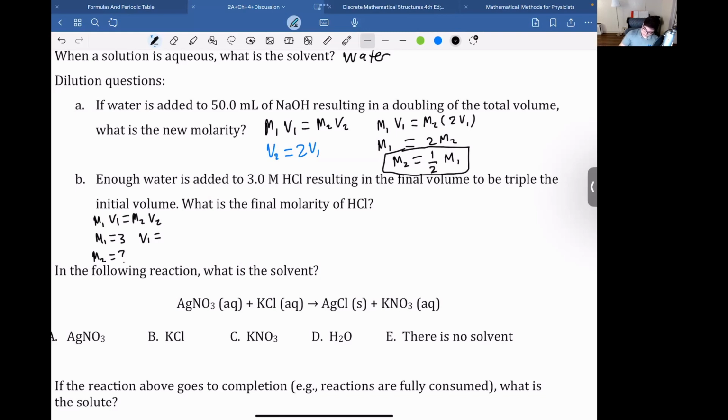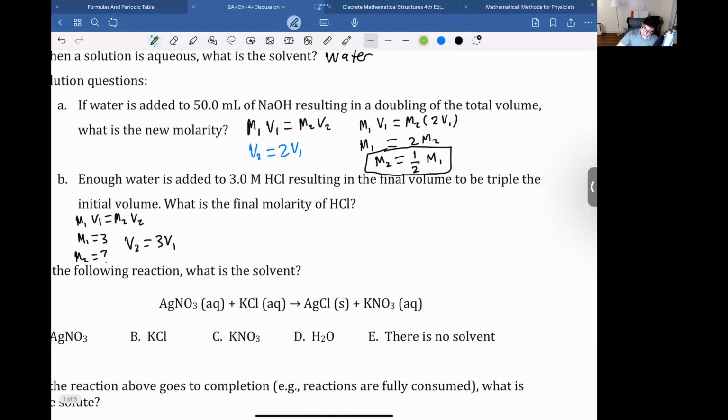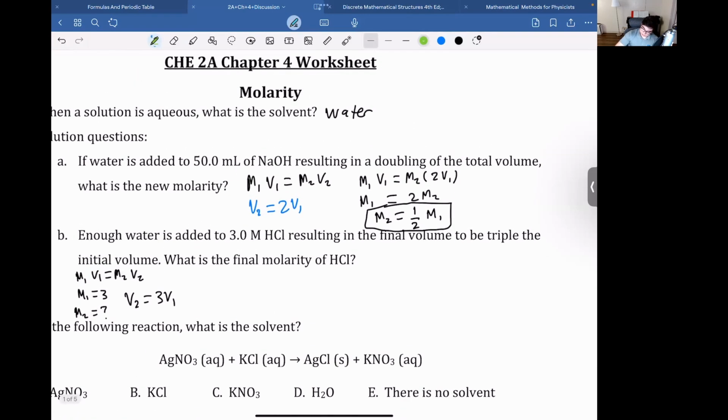However, I do know that the final volume is triple the initial volume. So I can say V2 is equal to 3V1. If you want to make it really clear, you can say V1, so M1 is the initial concentration.